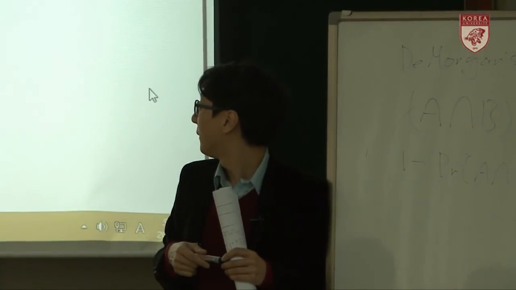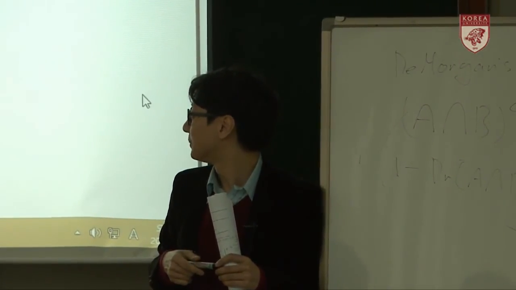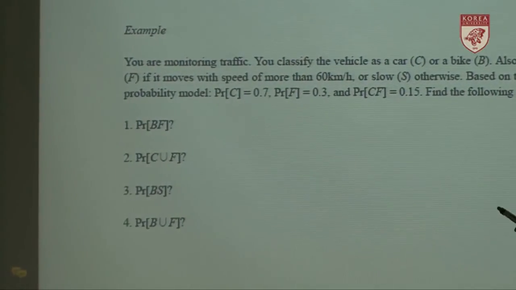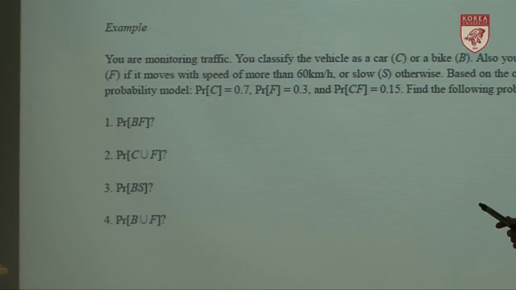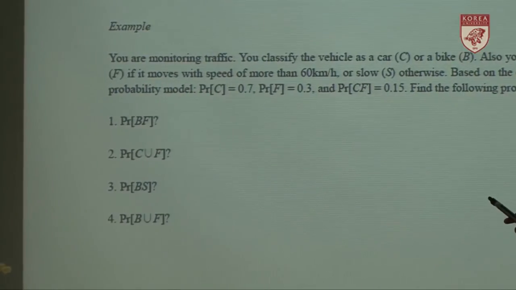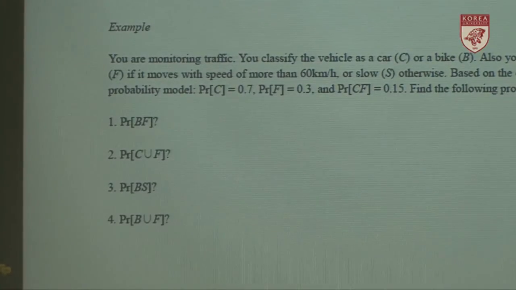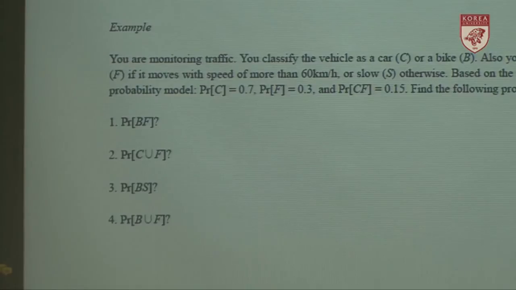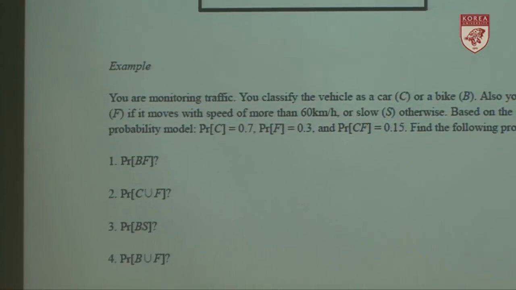Then find the following properties. BF means fast bike. And the union of car or fast. What's the probability? And so on. Okay, so I will give 5 minutes. Okay, please think about it.